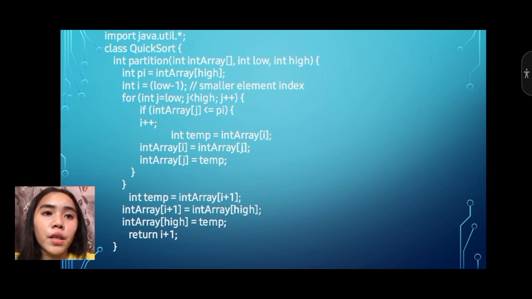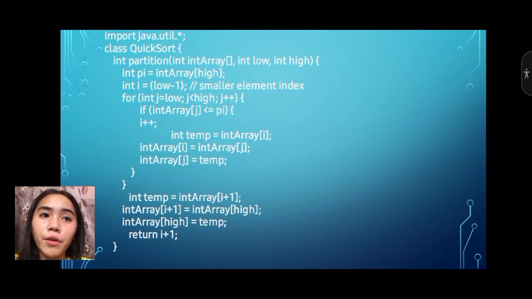Then int temp equals int array i plus 1, int array i plus 1 equals int array high. So we have to swap int array i plus 1 and int array high, or p. So we have here the return i plus 1.